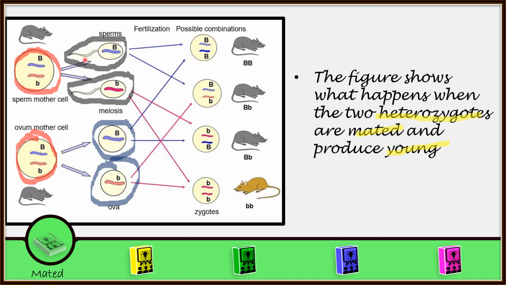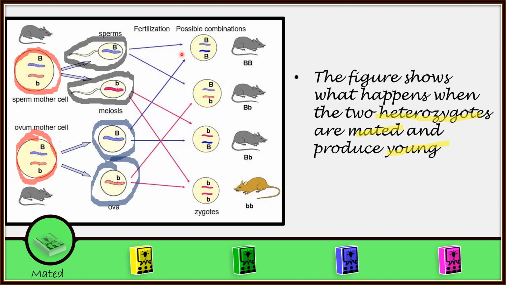We have produced two sperms, one with allele capital B and one with allele small b. And we have produced two ova, one with capital B and one with small b, meaning that this sperm can have a possibility of going with this ovum, or it can also have the possibility of going with this ovum. But let us start with the possibility of capital B sperm going with capital B ovum.